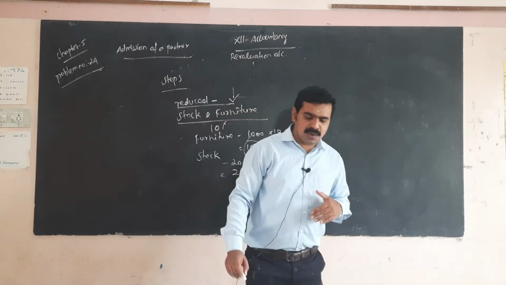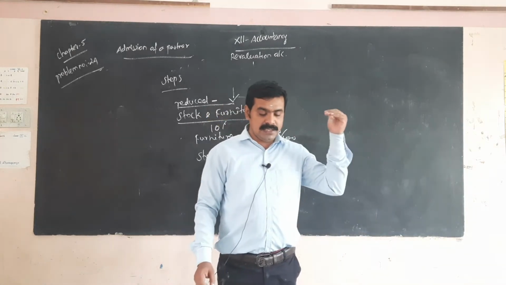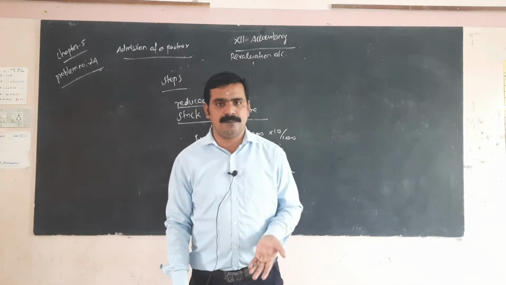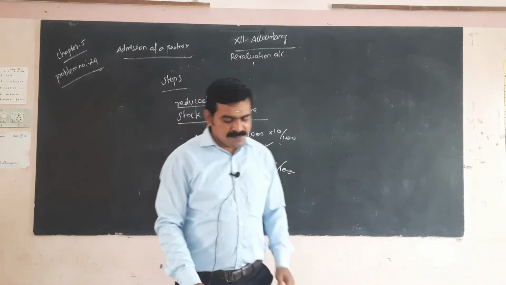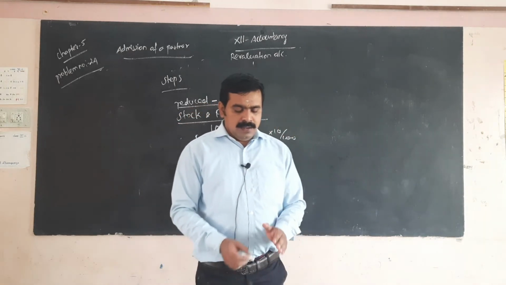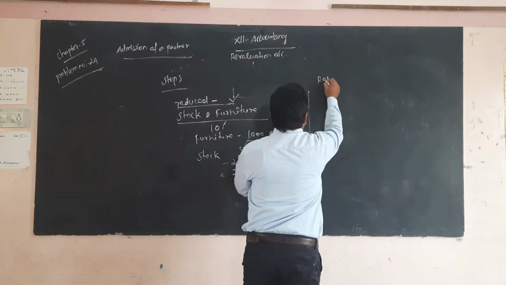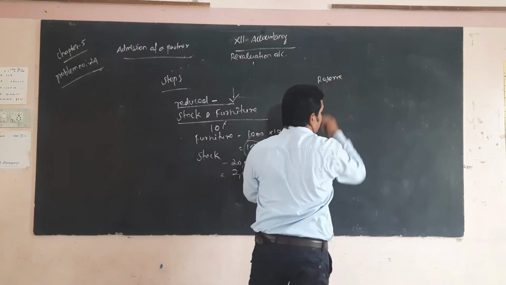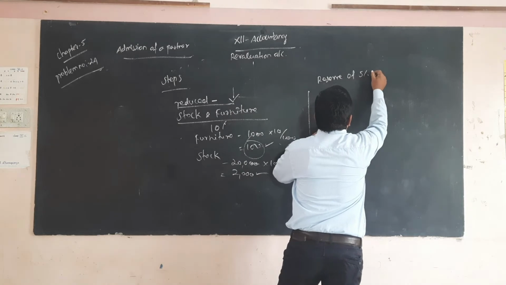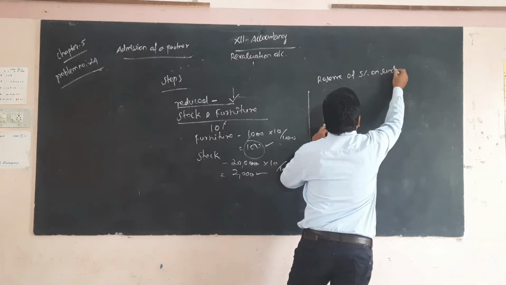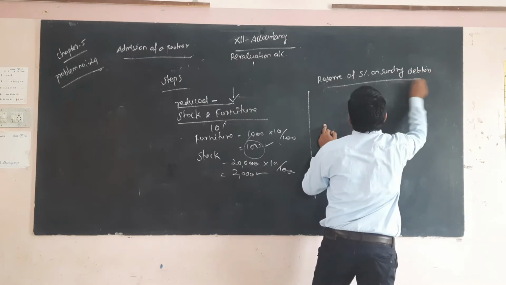Next, a 5% provision for doubtful debts is created. All the information is given in your problem. So this is a reserve of 5% on sundry debtors created.